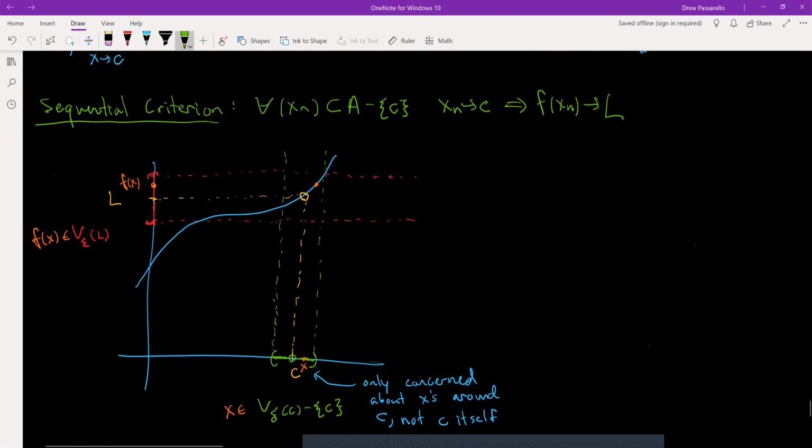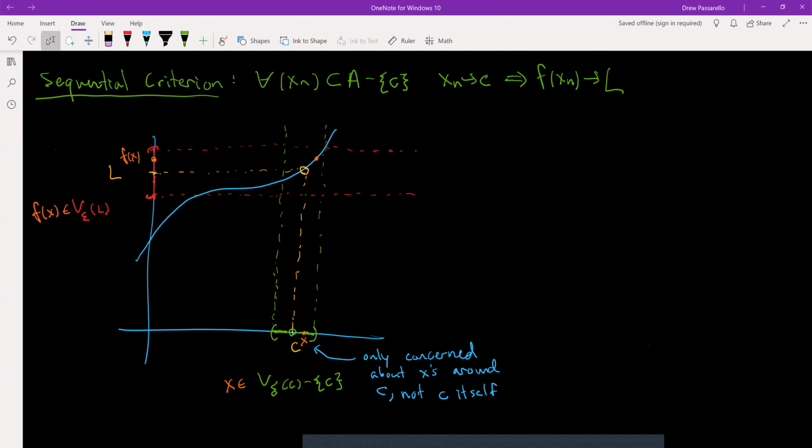And graphically, this is what we were looking at in terms of limits. Notice on the x-axis, I have the open interval in green, and in the center is c, and the center is an open dot. That's the punctured neighborhood, and it's a delta neighborhood, so the radius of this punctured neighborhood around c is delta.